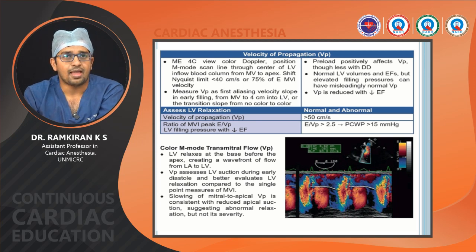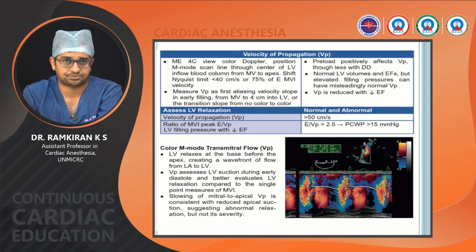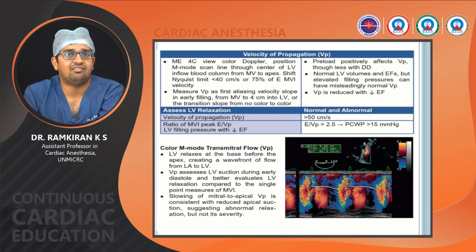So propagation velocity basically assesses the LV suction during early diastole and better evaluates LV relaxation compared to single point measurements. Here, in the mid-esophageal 4-chamber view with color Doppler, position the M-mode scan line in the center of the LV inflow blood column from the mitral valve to the apex, and shift the Nyquist limit to less than 40.